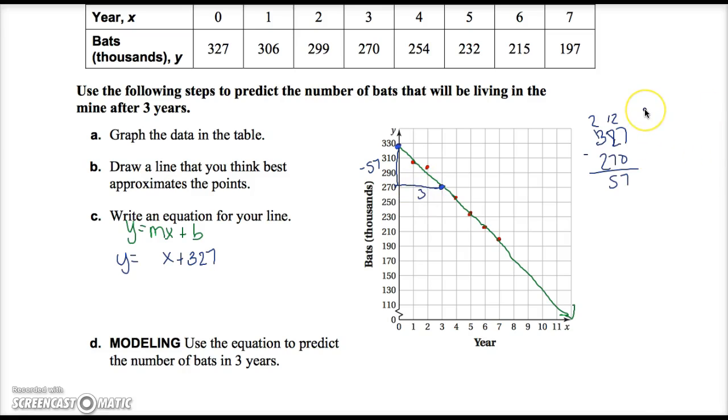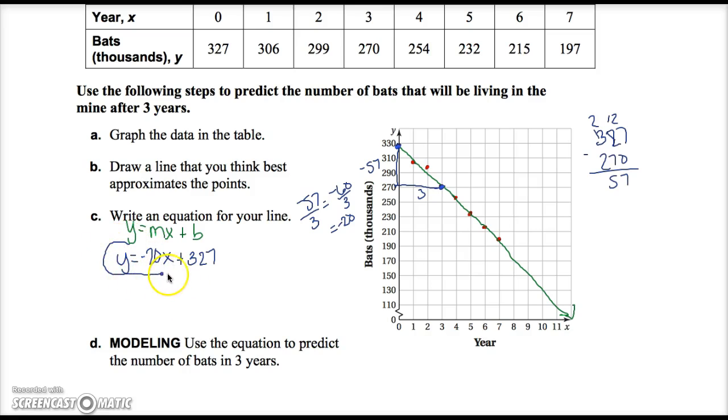Now what's going to be easier? To have this be a really nasty fraction like negative 57 over 3, or could I go ahead and round this up and say it started at 330? That way I came down an even 60 and went over 3. That would give me a nice even negative 20 for my slope.